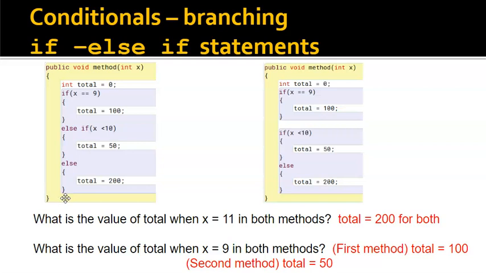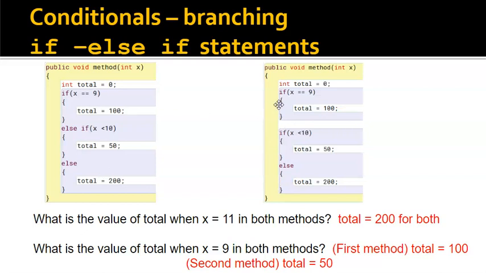Now the second and more interesting method on the right-hand side here, if x is equal to 11, that first statement is still obviously false, but notice how the first if is its own question, just like the bottom set of if-else statements is also its own question. So in the first example, we're asking just one thing and we're giving one result.